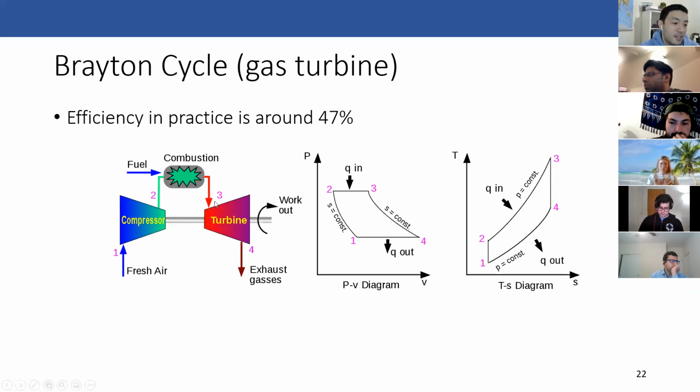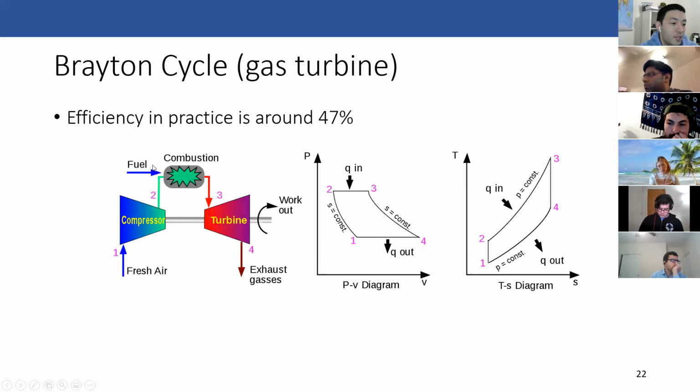This is essentially, again, the diagram of what this looks like with your pressure and volume diagram and heat and temperature diagram. And in practice, the efficiencies are actually quite a bit higher than in coal plants. You're getting a little lower than 50%.